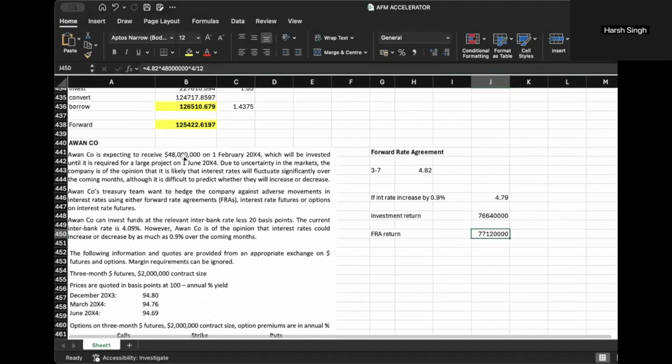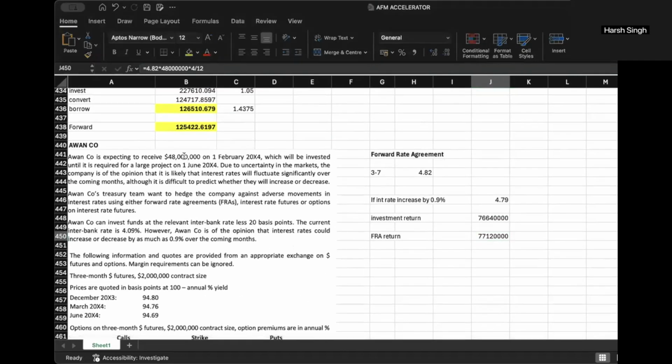It will become 4.62, because it is given as less 20 basis points. So what will be my payment to the bank? This minus this, I have to pay to the bank directly.